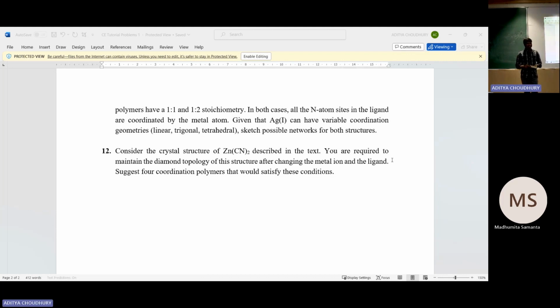Any other? So now you look into two configurations. You have silver in tetrahedral geometry, then you have to have a linear linker bonding from both directions. The other possibility is you have a tetrahedral linker with a linear coordination geometry, such as silver or copper one.